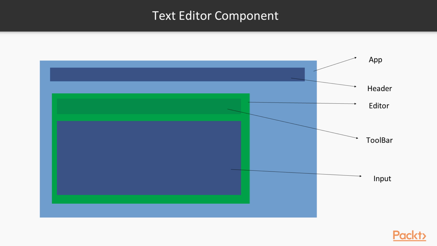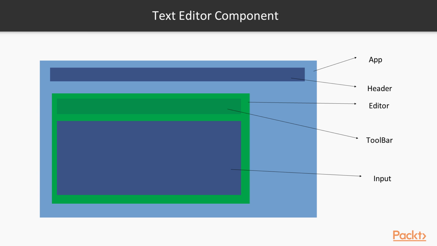Right now, the editor consists of the toolbar, where we will have our buttons to manipulate our rich text, and our input, where we type in our text. As we progress, we will be adding more components into our editor container. Remember, technically everything is a component, but use containers and components to design and maintain your app.